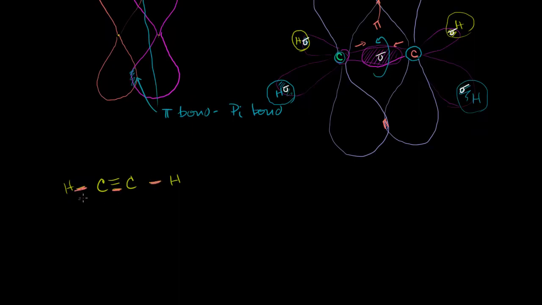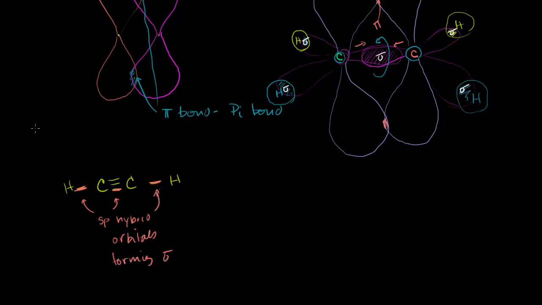They're actually sp hybridized. Your 2s orbital only mixes with one of the p's. So these are sp hybrid orbitals forming sigma bonds. So all of these right here.